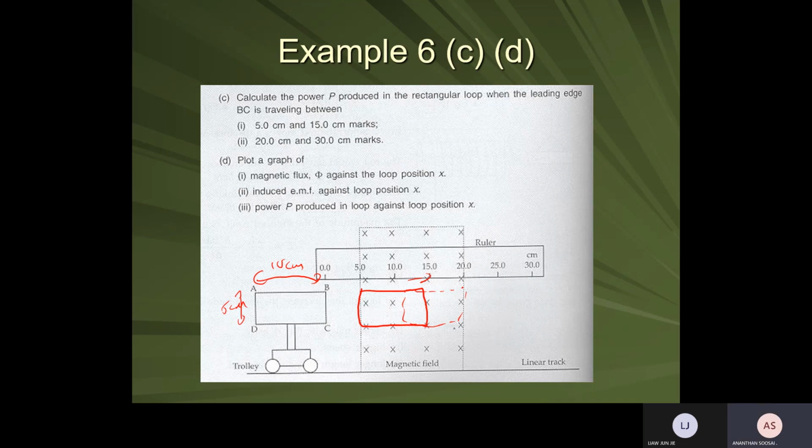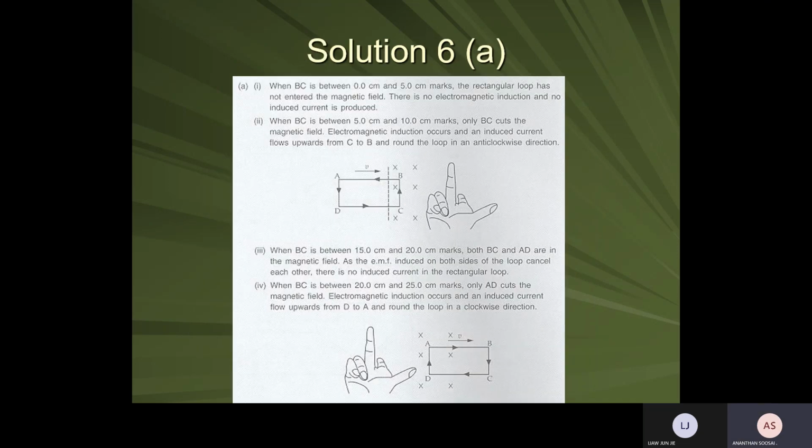In the answer scheme, between 15 and 20 both BC and AD are in the magnetic field. The EMFs induced in both sides cancel each other, so there is no induced current in the rectangular loop. It just says no change in the magnetic flux linkage.